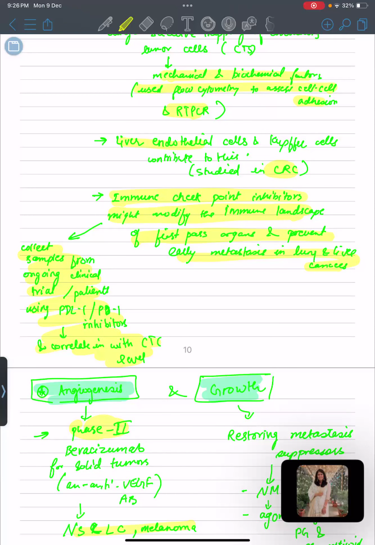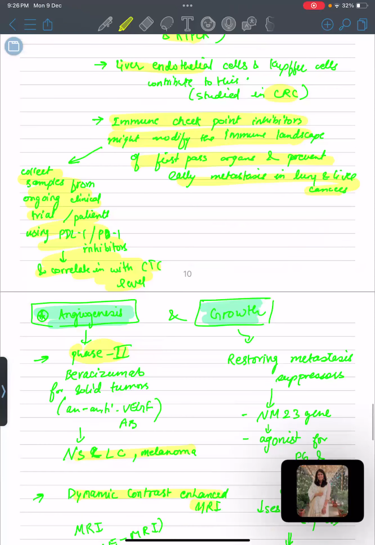Now, another attractive area: if you can possibly find an oncologist as a guide in your institution, it would be great, and you might pursue this other area which I'm telling you. There was a study published to see whether immune checkpoint inhibitors, that is PD-L1 inhibitors, can modify the immune landscape of the first pass organs like lungs and liver and prevent early metastasis from the primary tumor.